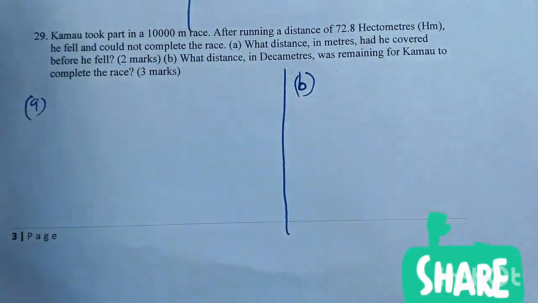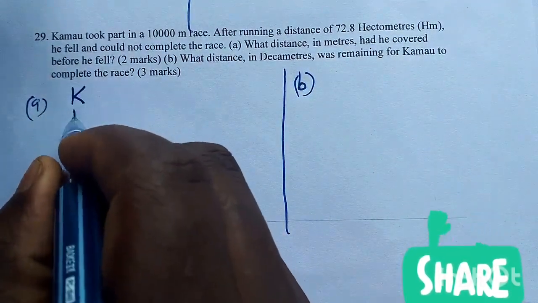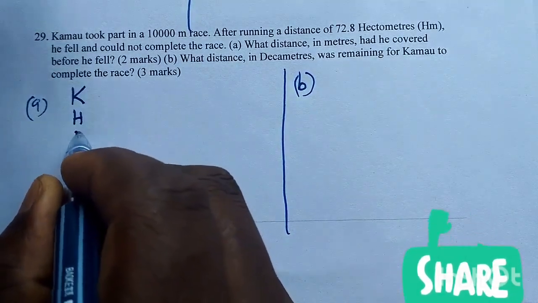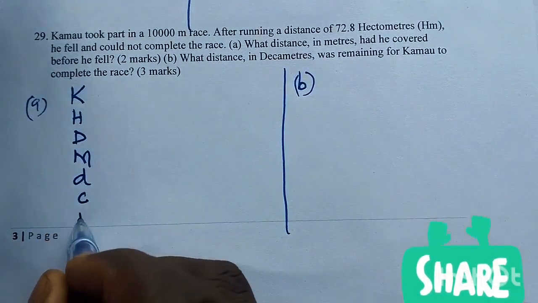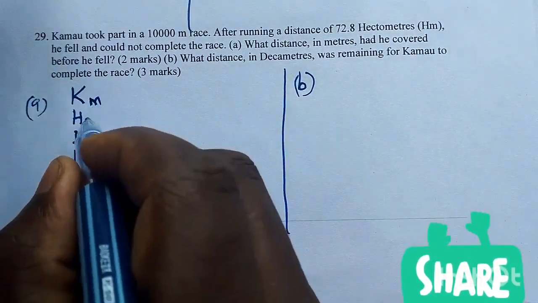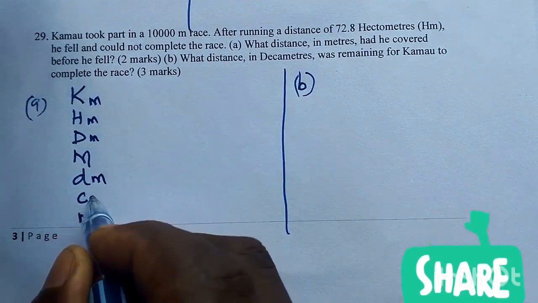So how do you do that? You can use the order: kilometers, hectometer, decameter, meters, decimeter, centimeter, and millimeter.